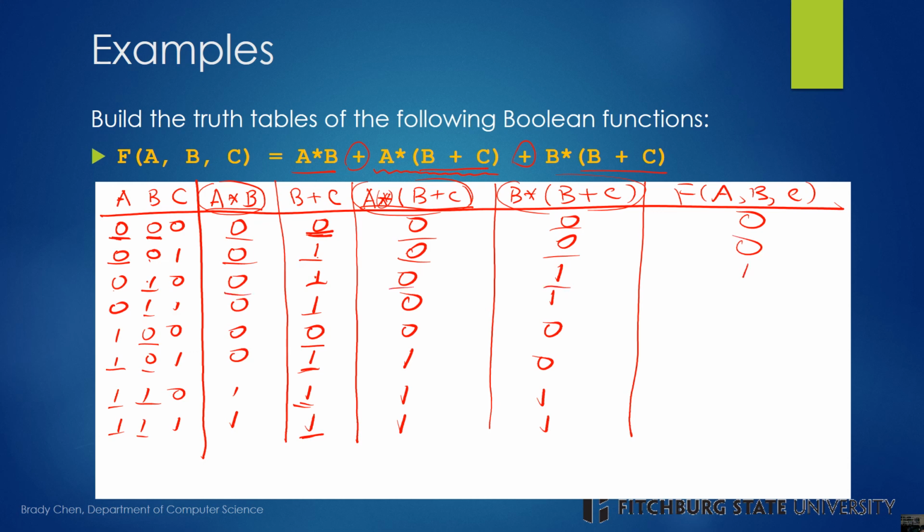As long as there's one expression that is 1, then the result is 1. So the result is 0, 0, 1, 1, 0, 1, 1, 1. So that's the truth table.